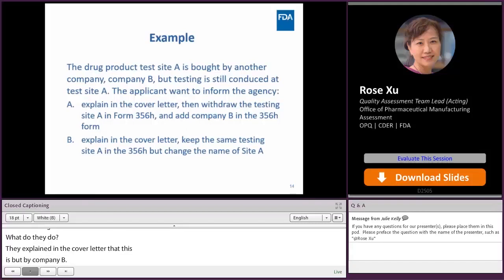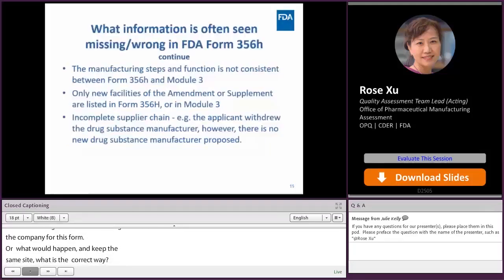Or B, they explain in the cover letter what happened, and they keep the same testing site A in the 356H, but they change the name of site A. So which is the right way to do? Definitely B, because if you withdraw site A, that means the testing is no longer conducted in site A, which is not right.